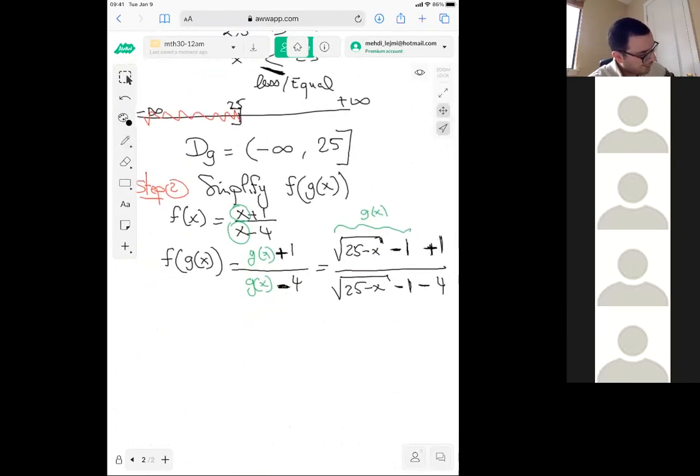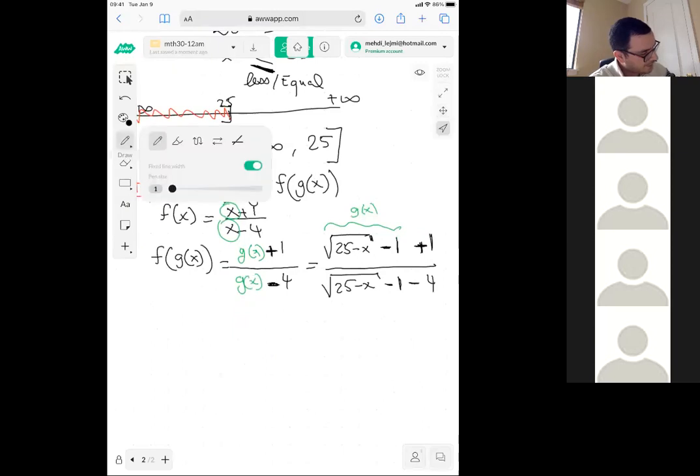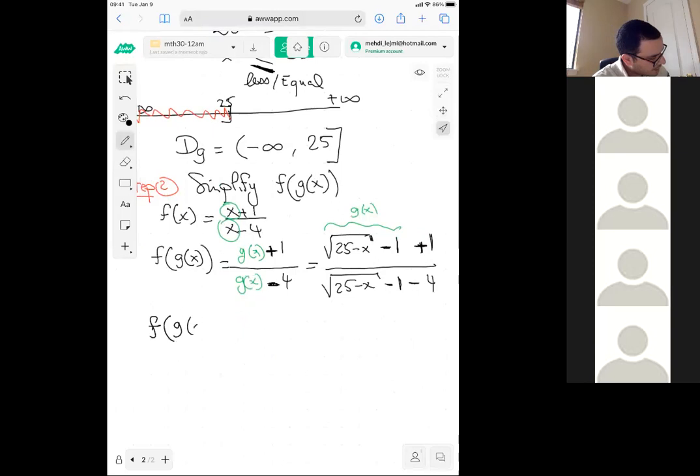So, okay, let's simplify this thing here. So this is now f of g of x. There's the square root of 25 minus x. There's minus 1 plus 1, so they cancel out here, right?